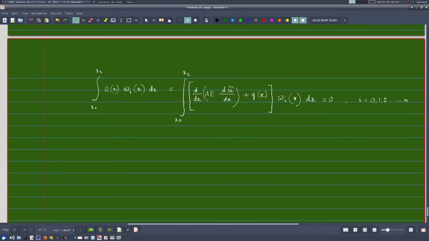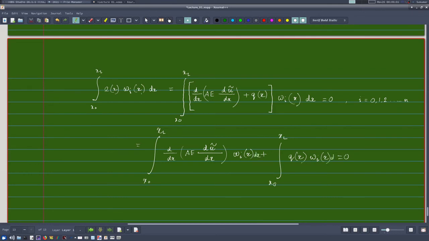Or if I separate these two terms, this term and q term, then I will get integration of x naught to xL of d/dx of AE du tilde/dx into w_i(x) plus integration of x naught to xL of q(x) into w_i(x) dx is my 0, for all i's.